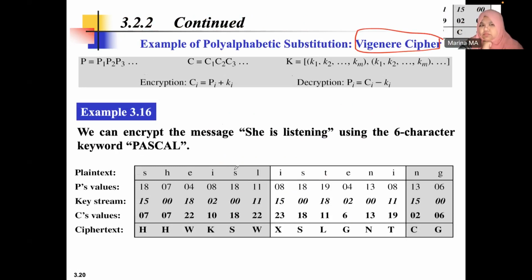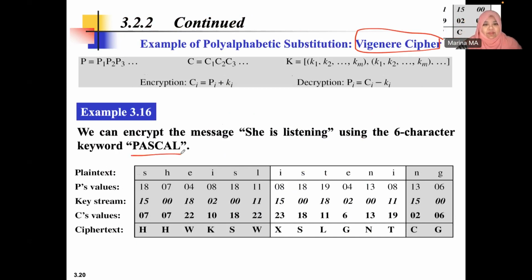But in polyalphabetic, you have a key stream. The shift is not how many spots you shift. The key here is Pascal, the early programming language.